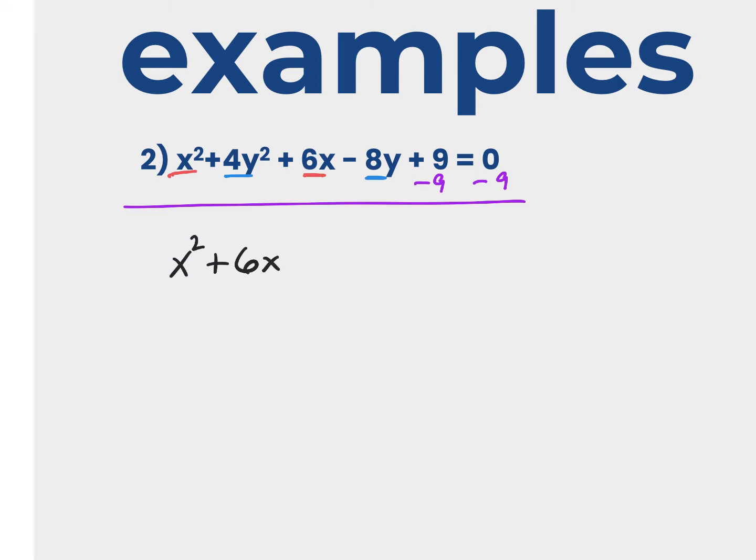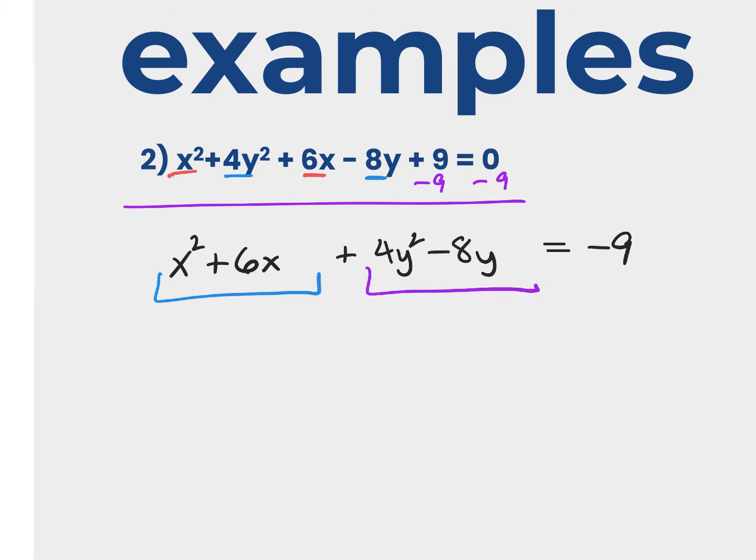I'm going to leave a little blank space. Then I can put plus 4y squared minus 8y, leave a blank space, and then it equals the constant that I moved to the other side. So now really what I'm doing here is completing the square for the x's and completing the square for the y's.